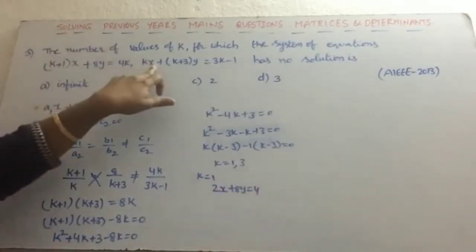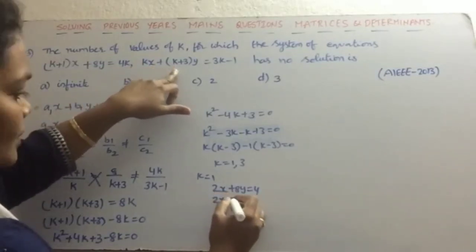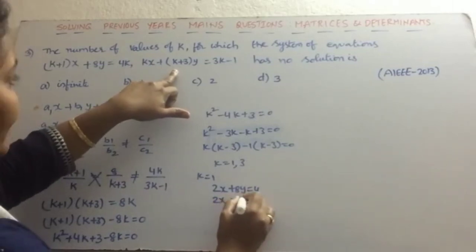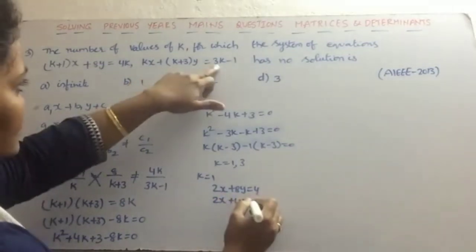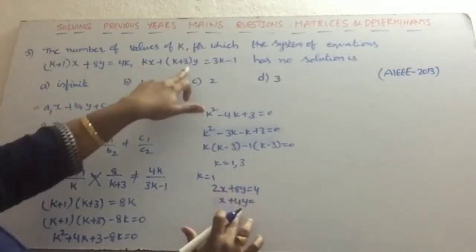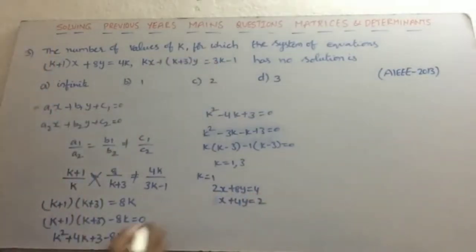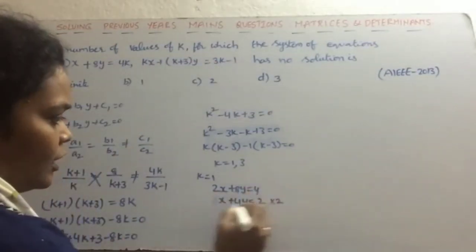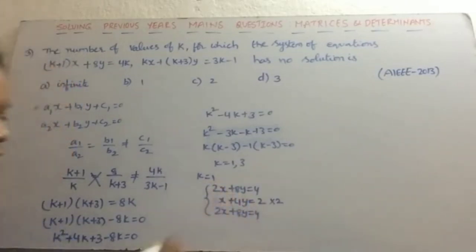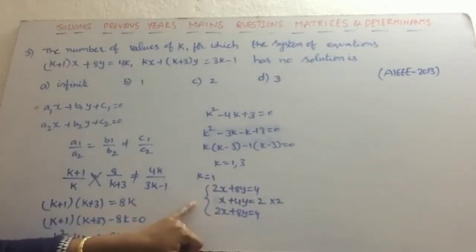And I will substitute k equal to 1 in the second equation also: x plus 4y is equal to 3 minus 1, that is 2. If we multiply this equation by 2, we get the same equation. So if the two equations are the same, there are infinitely many solutions, not no solution.